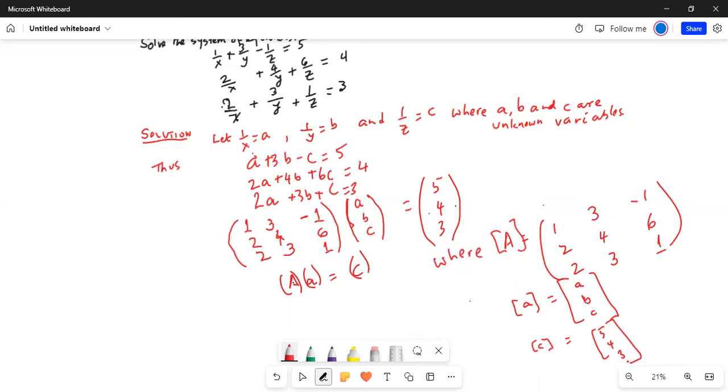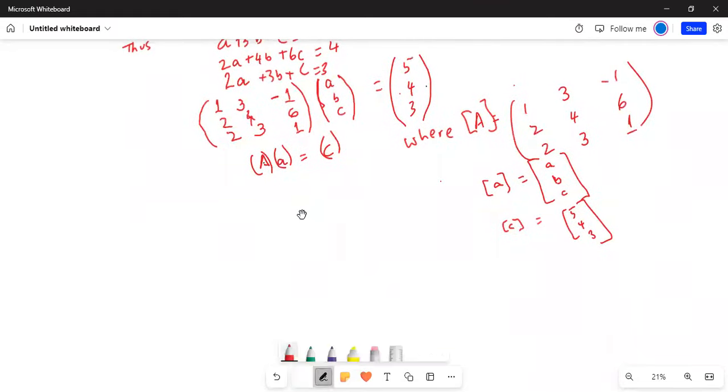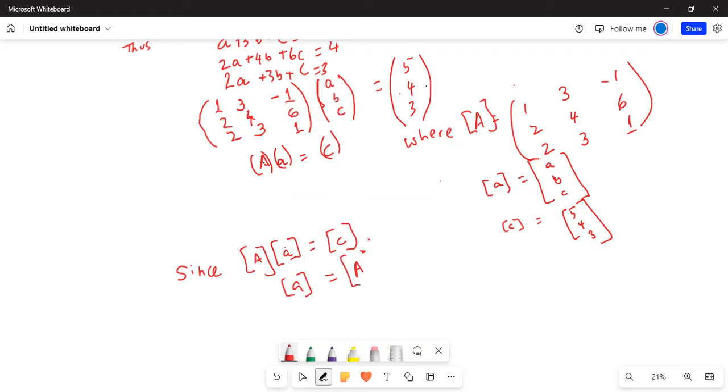Okay, now I will create some more space. So since matrix A times matrix small a is equal to matrix C, then small a, which is the solution we are looking for, we get by multiplying by A inverse on both sides, equal to A inverse C. Or we are dividing by A on both sides.